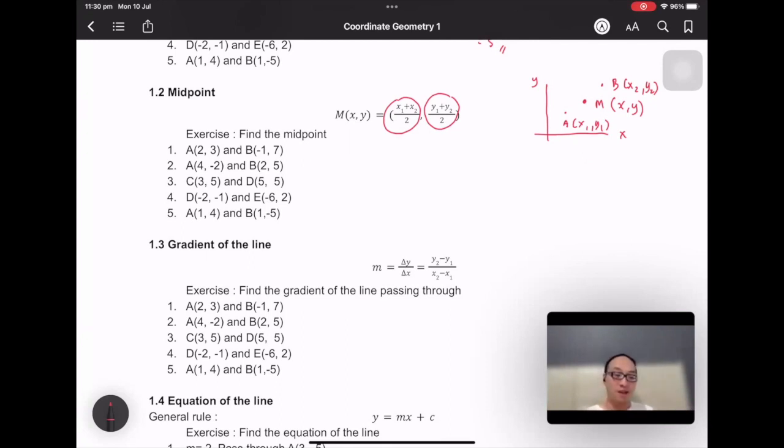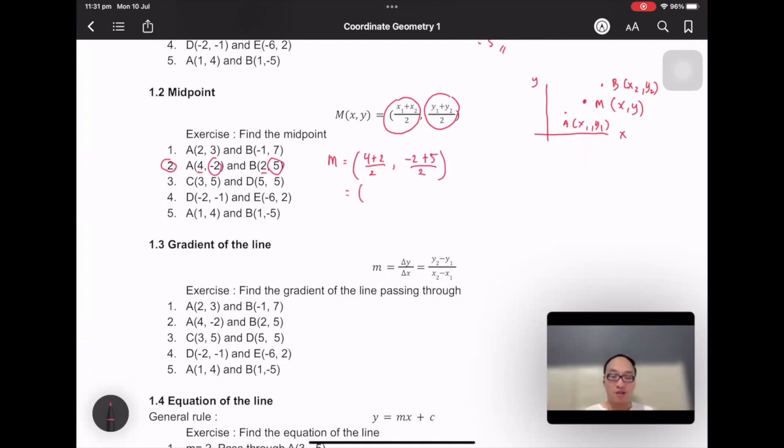Example, I choose number 2. So the midpoint of A and B is, the x is 4 plus 2, taken from x1 and x2, divided by 2. And then the y is negative 2 and 5, negative 2 plus 5 divided by 2.